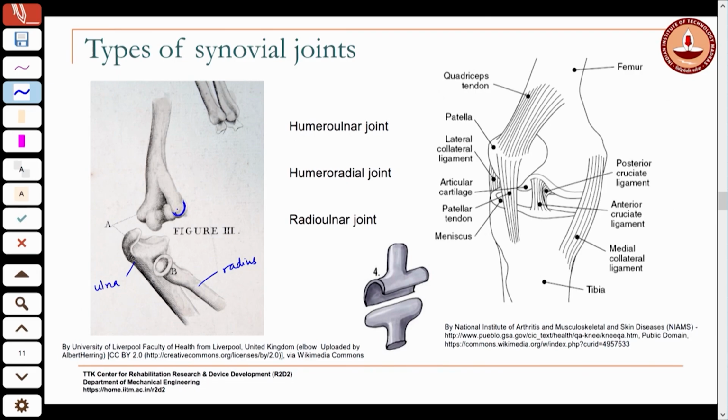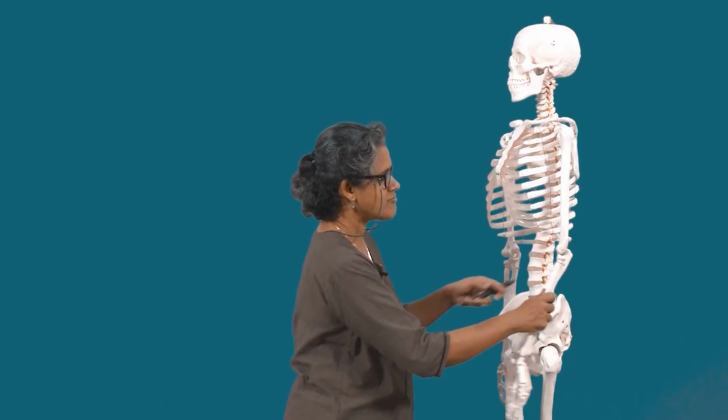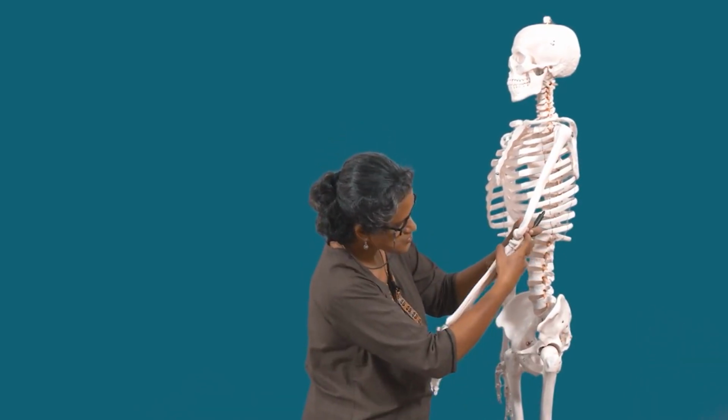But again, because of the ligaments together they only function as a hinge joint. You can see it also in this. You have the ball in the humerus and then you have this shape of the humerus which engages with this projection on the ulna, okay, and functions as a hinge joint.